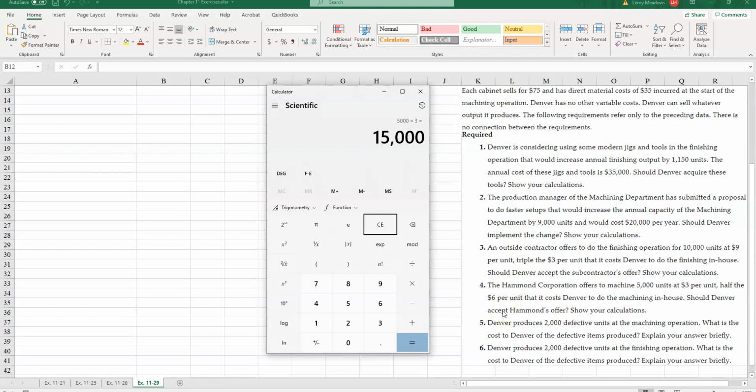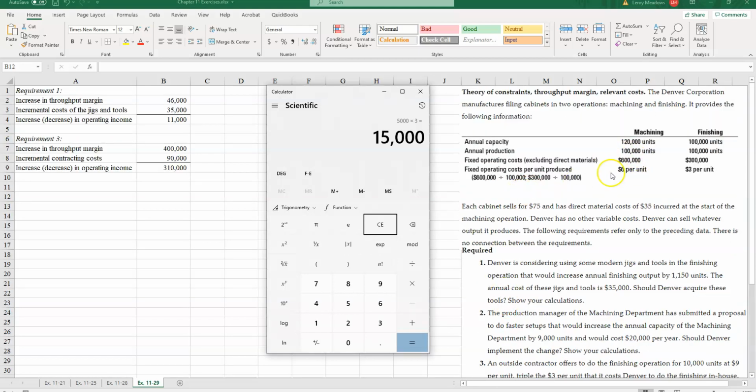But if we're already going to incur those costs, and by outsourcing these 5,000 units we're going to incur $3 per unit in additional costs, does raising our costs make sense? No, it doesn't. So why would we want to increase our costs and decrease our operating income by $15,000? That's because we're not getting rid of any portion of these costs.